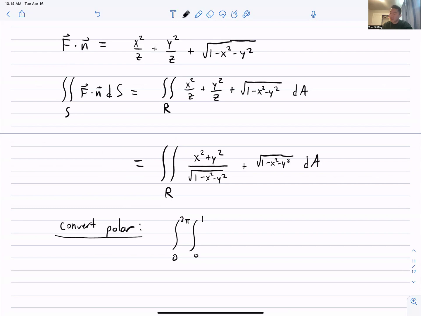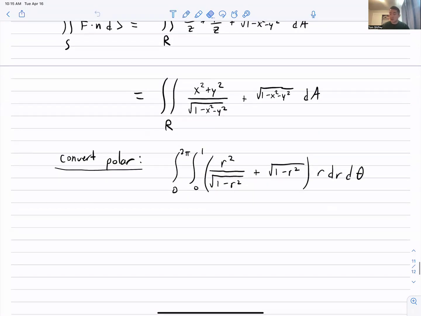X squared plus y squared is just r squared. And then this is going to be over the square root of 1 minus r squared. And then plus the square root of 1 minus r squared. And then you have to multiply this whole thing by r dr d theta.